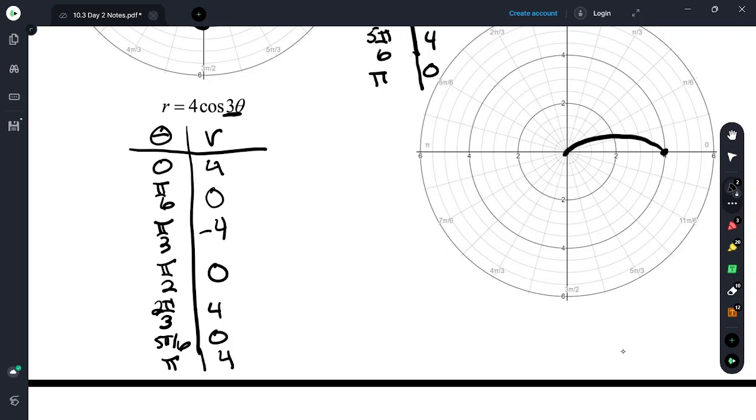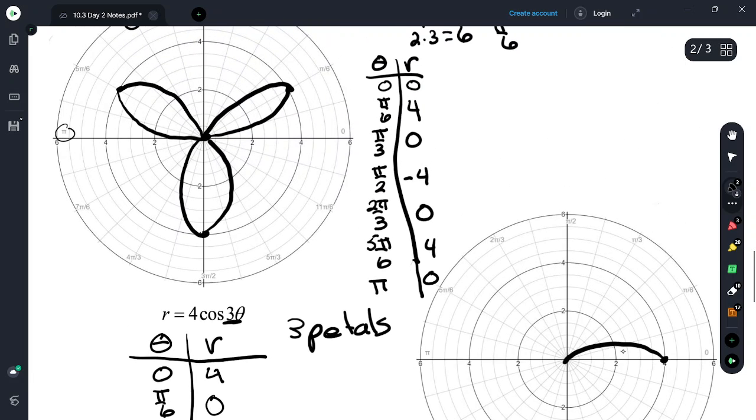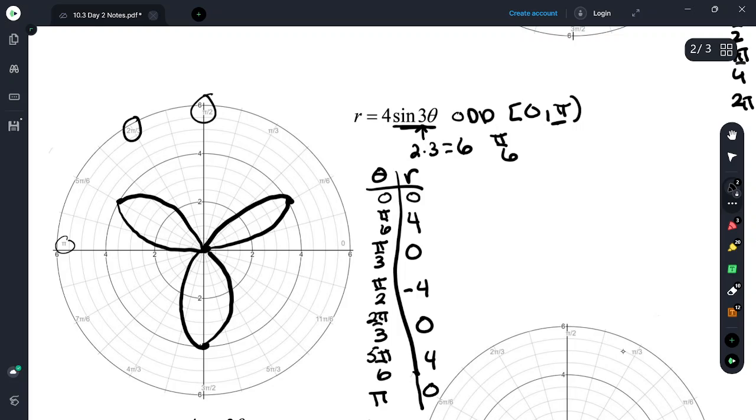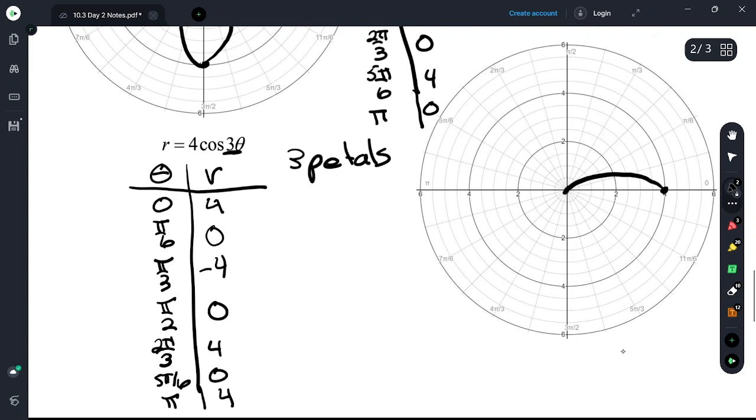Now we expect 3 petals, by the way, because this is odd. I don't know if I said that on the last one. When it's odd, we expect the same amount as the coefficient right there, so 3 petals on this. Pi over 3 is negative 4, so pi over 3 back here at negative 4, like this.